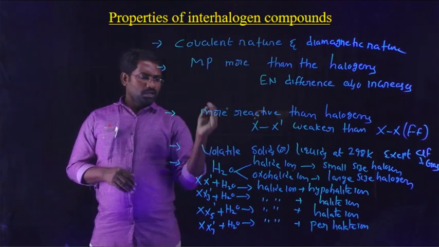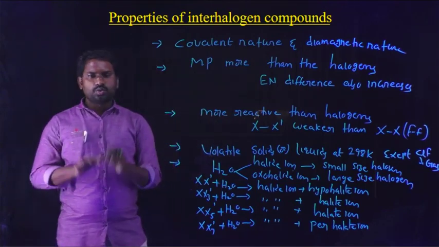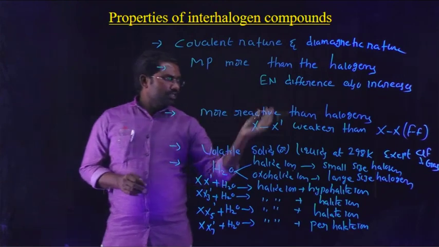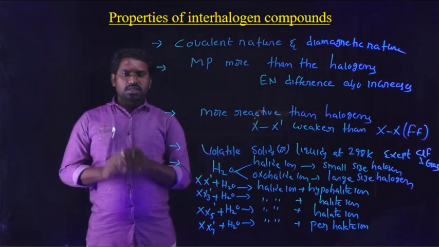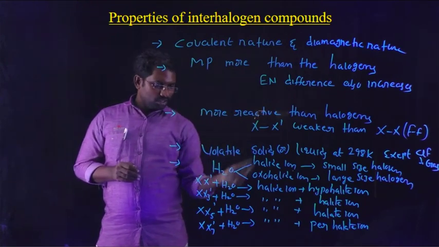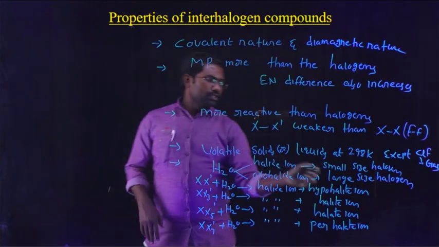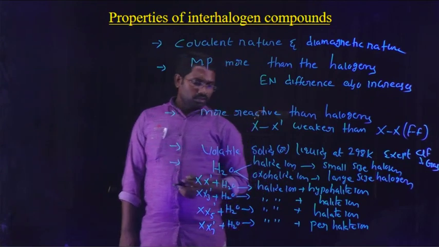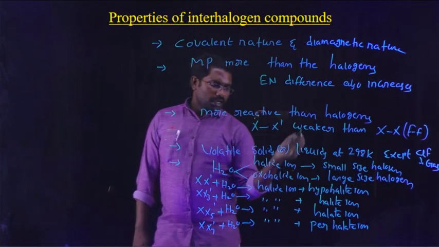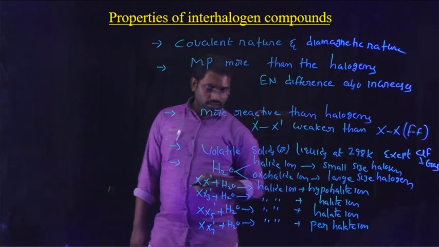They are volatile solids or liquids at 298 Kelvin except ClF. They dissolve in water to form halide ion and oxohalide ion. The halide ion is formed by the small size halogen and the oxohalide ion by the large size halogen.